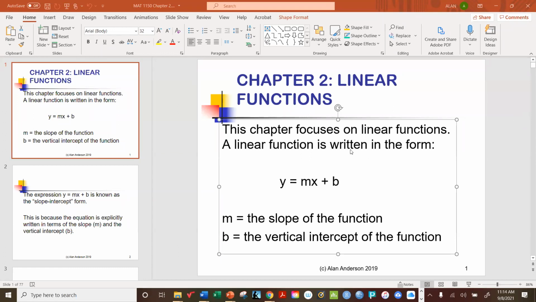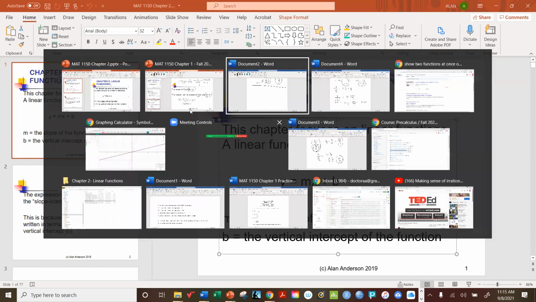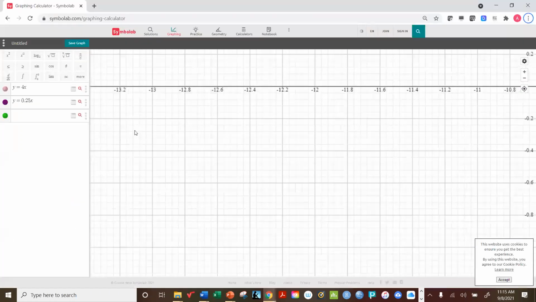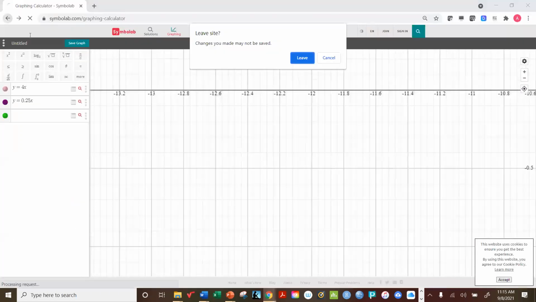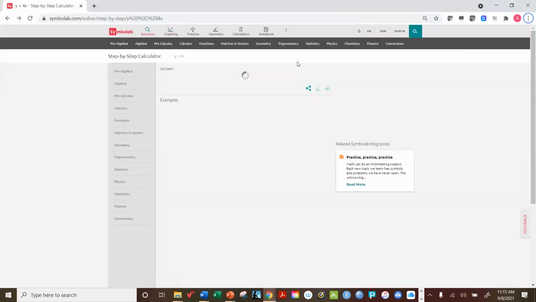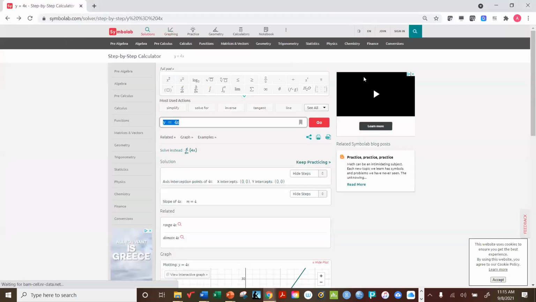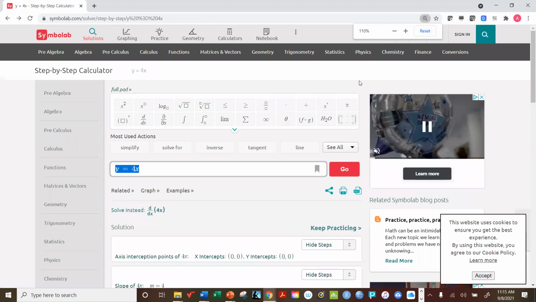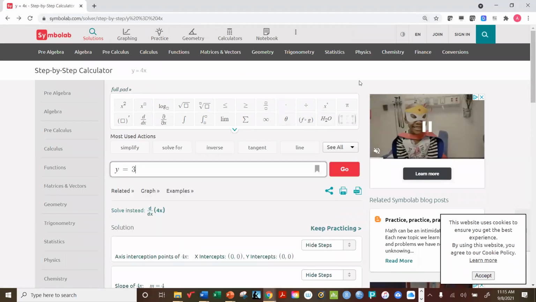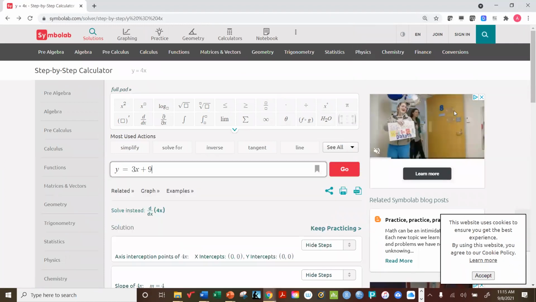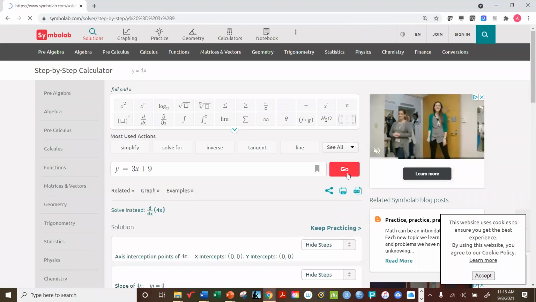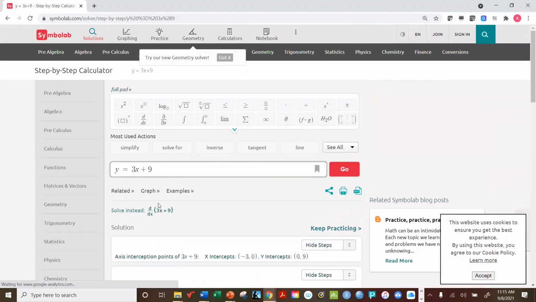So in fact, just as a quick example, suppose that we go to Symbolab and let's just make one up. How about y equals 3x plus 9? That implies that the slope is 3 and the vertical intercept is 9.